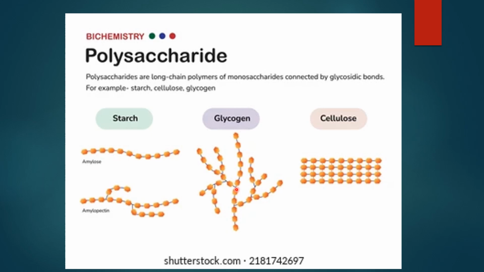But in the plant, the glucose is stored as a starch. And we have also the cellulose. It's also a polysaccharide, but it has a different shape of the monosaccharide polymers.